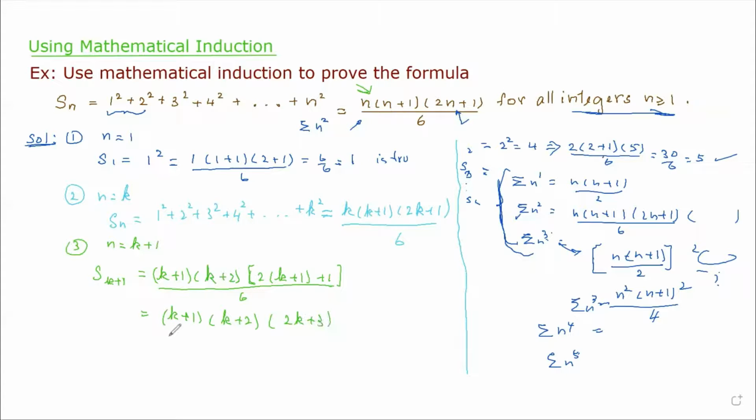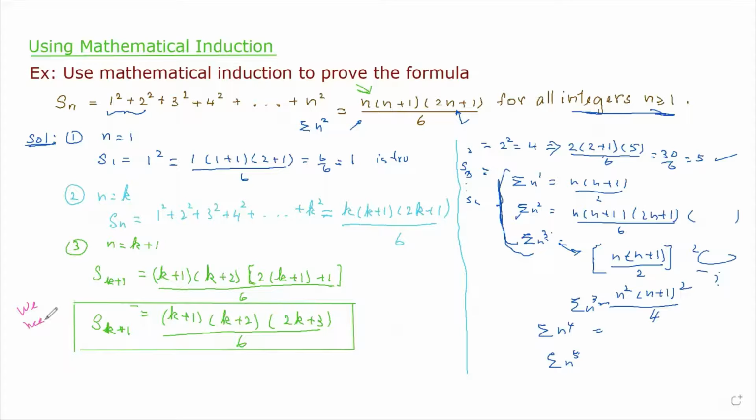Simplify it, over 6. Okay, so then this one we have this. This is the one we need to prove. So this is the one we need to prove.